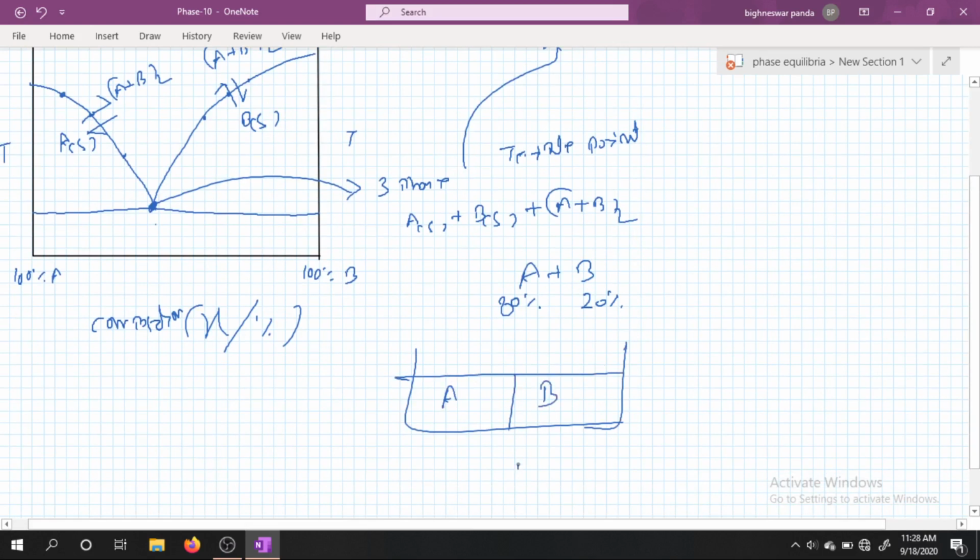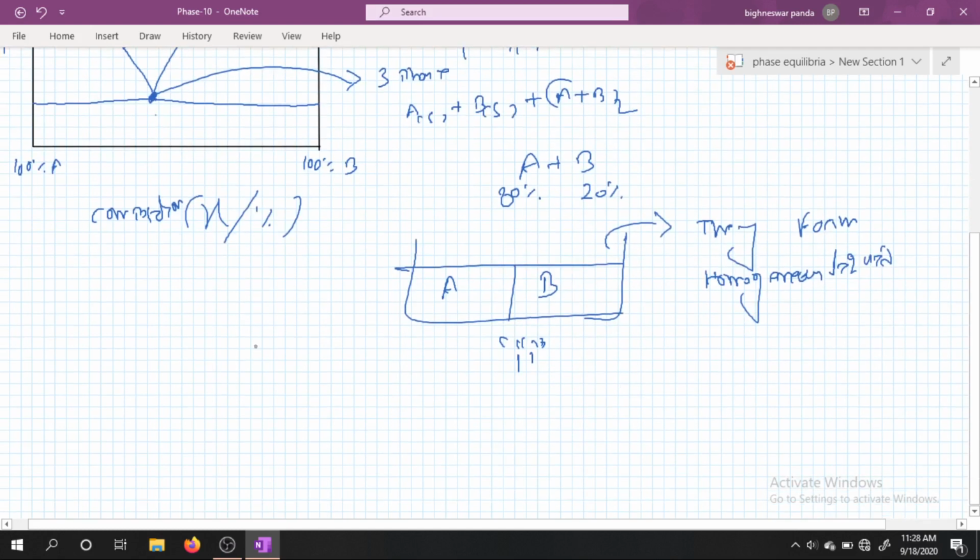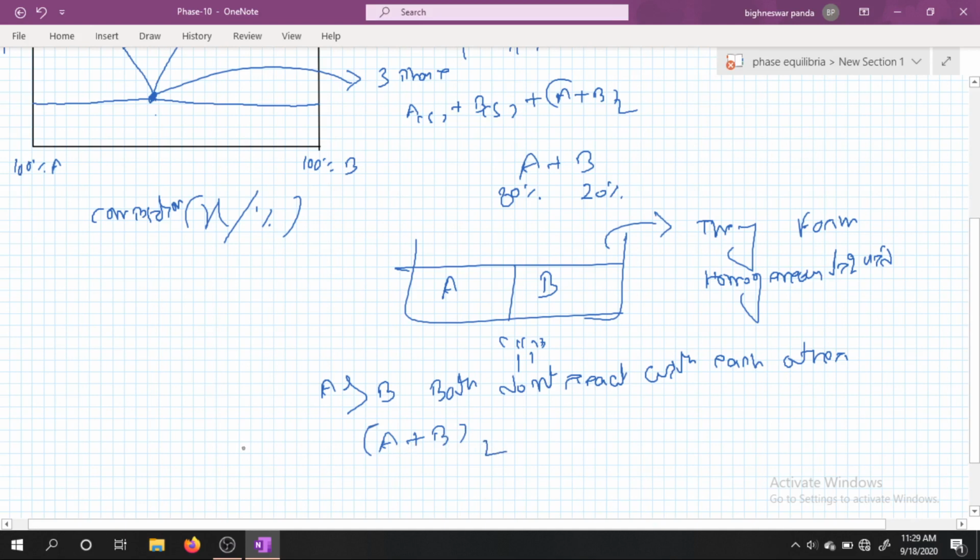We are heating until they form a homogeneous liquid in which A and B do not react with each other, and A plus B liquid will be formed on heating.